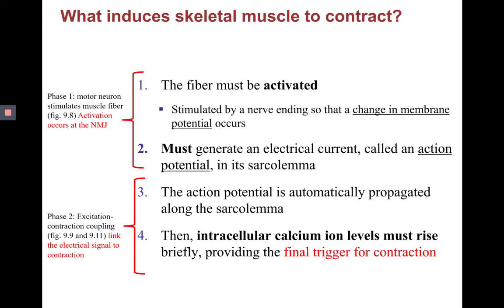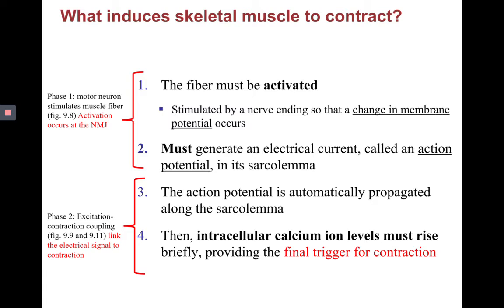So the release of calcium is essentially a way that we can link that electrical signal that had to travel through the T-tubule to contraction. So this is phase 2, excitation-contraction coupling, where we're again linking the electrical signal to contraction by using the electrical signal to cause the sarcoplasmic reticulum to release calcium, and because calcium is the final go signal for contraction, that's enough to link the two.